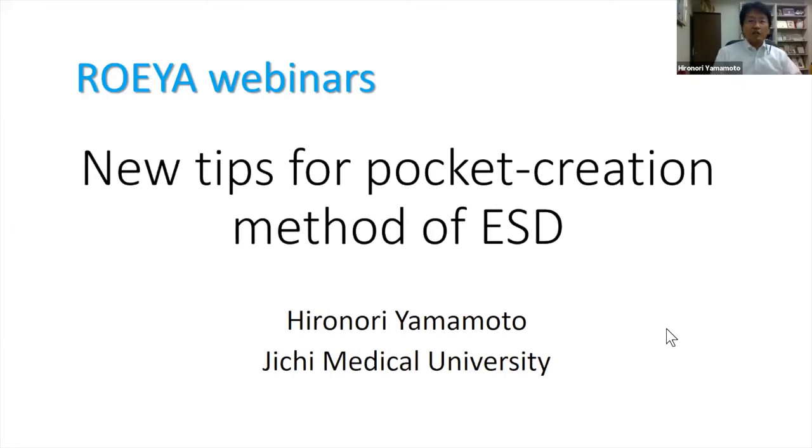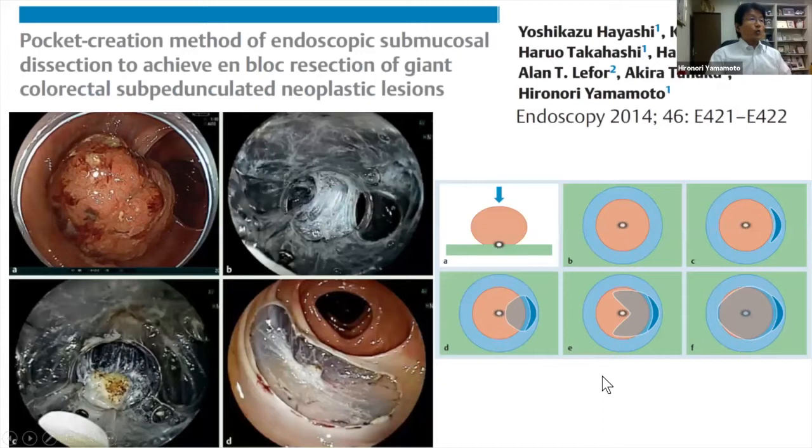Okay. Today's topic is new tips for the pocket creation method of ESD. My colleague, Dr. Hayashi, reported this pocket creation method of ESD to overcome the difficulty in lesions which have severe fibrosis like this.